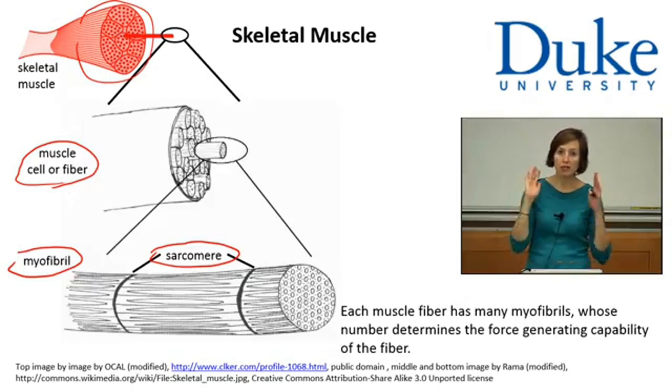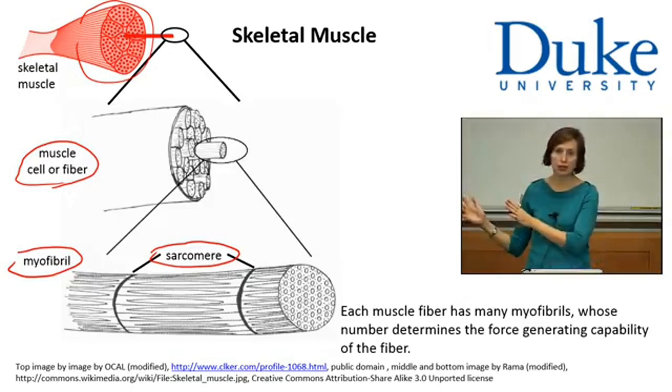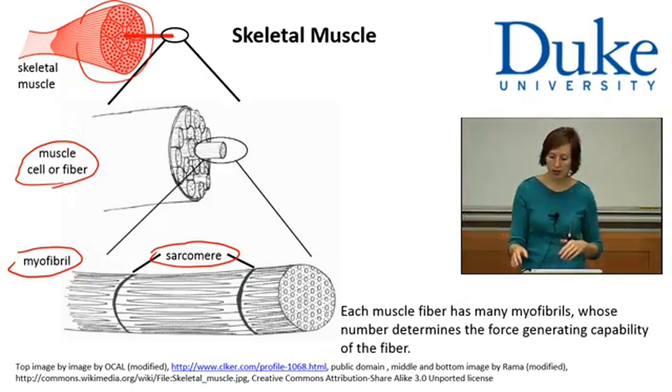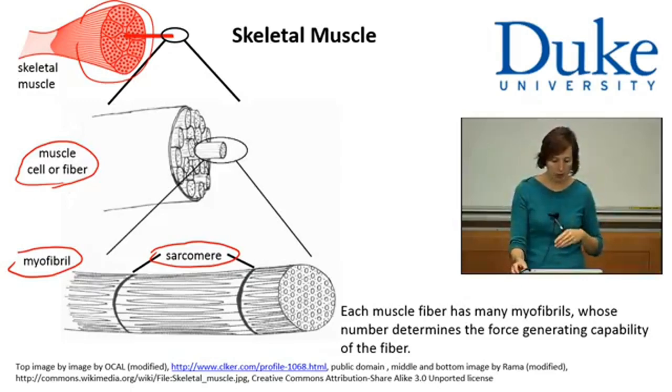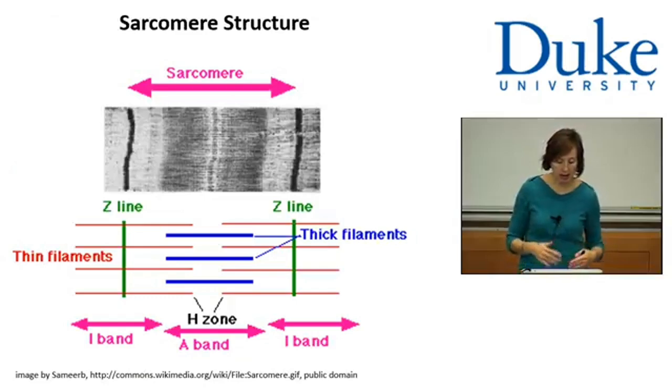The sarcomere pattern is what causes the striations or the banding of skeletal muscle cells, because the myofibrils will be aligned in a very organized way. So that's what we're going to start talking about now.